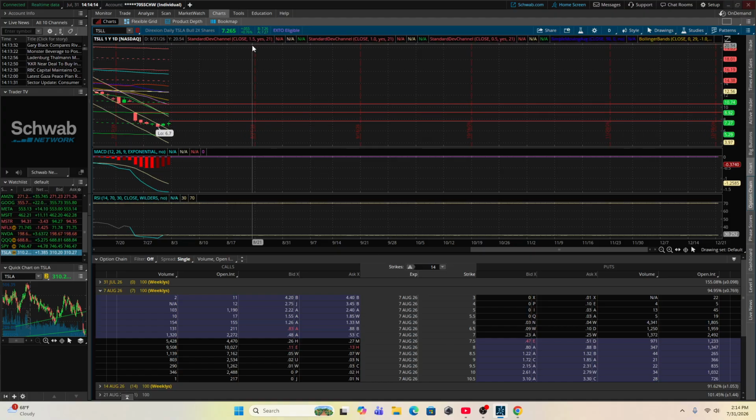The $8 call is roughly a 10% move. So if TSLL goes from $7.26, it goes up 10%, then that 10% move is 72 cents, gets us from $7.20 to $7.90, which is basically $8.